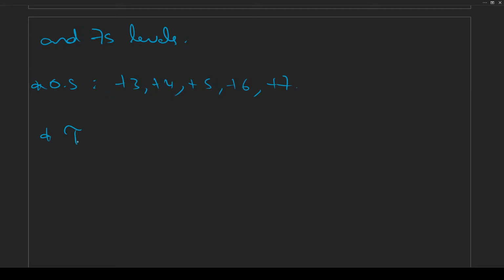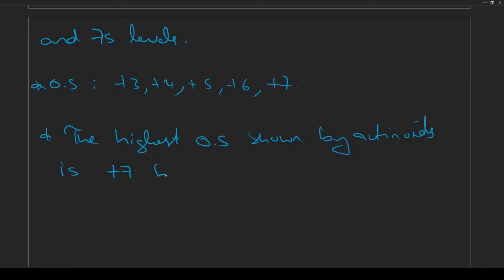The highest oxidation state shown by actinoids is plus 7, by neptunium and plutonium.